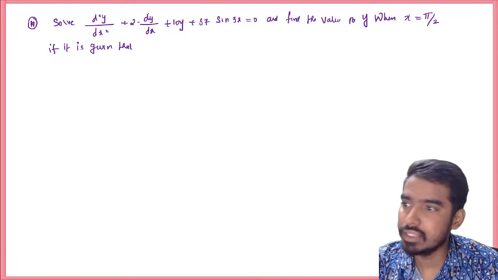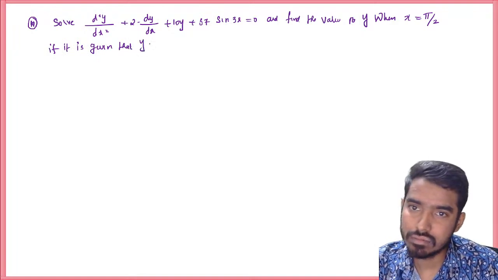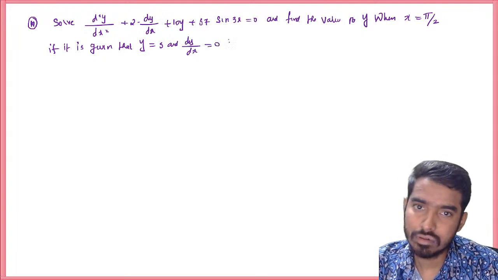It is given that y is 3 and dy by dx is 0 when x is 0, right?